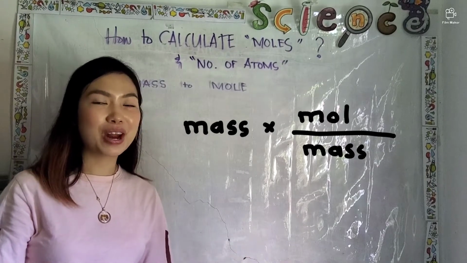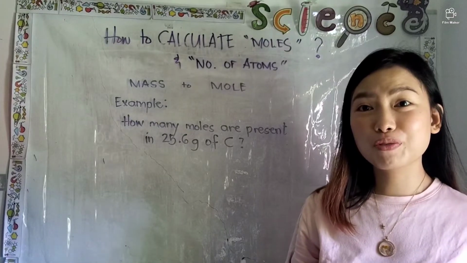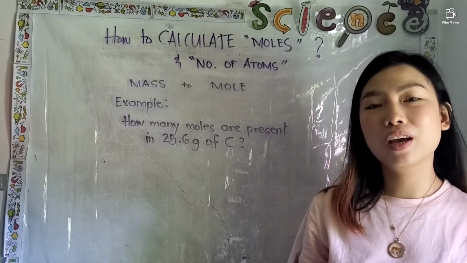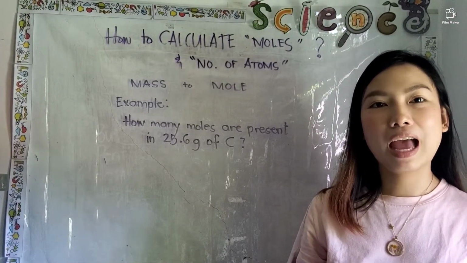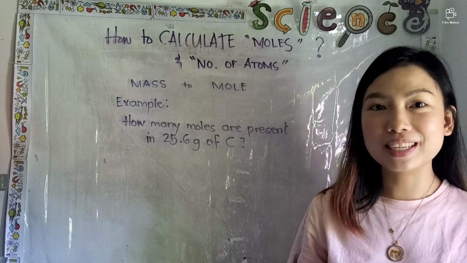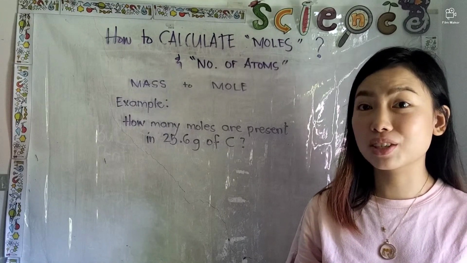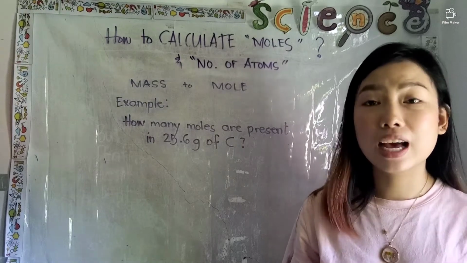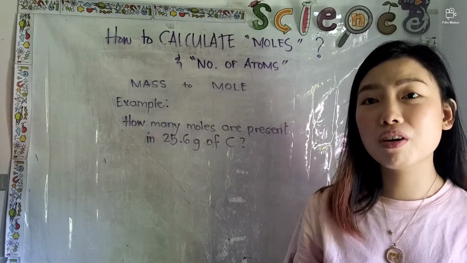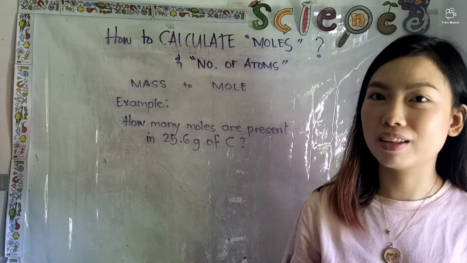Let us have another example. So for the conversion of mass to mole, this is our example. How many mole are present in 25.6 grams of C? Again, in this question, we are referring to the element carbon.